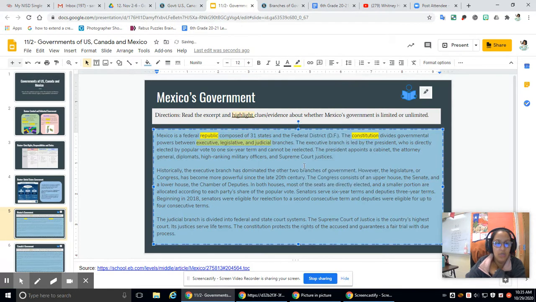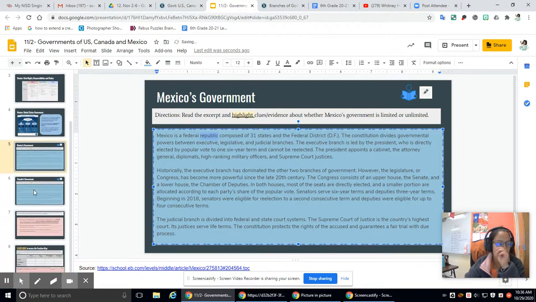All right, so just in those first two sentences, we've already highlighted three clues or evidence of what type of government Mexico has. So the rest of it you're going to read on your own and continue highlighting what you would consider evidence for your decision.